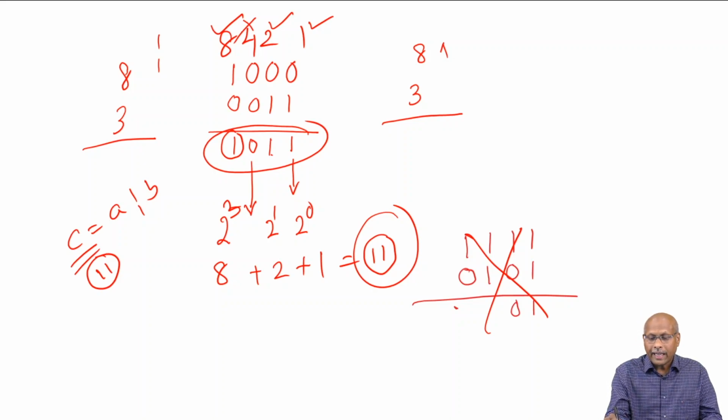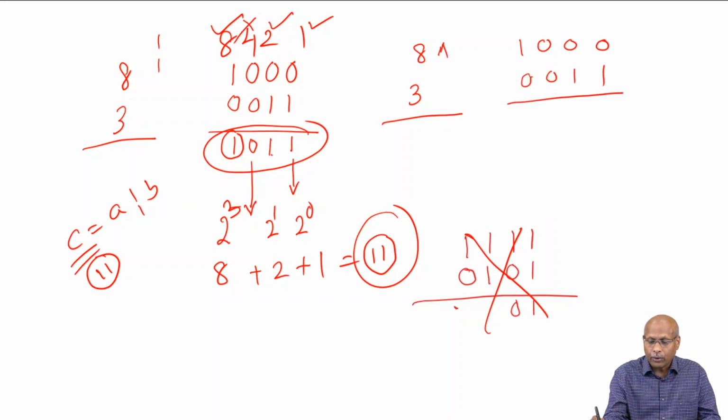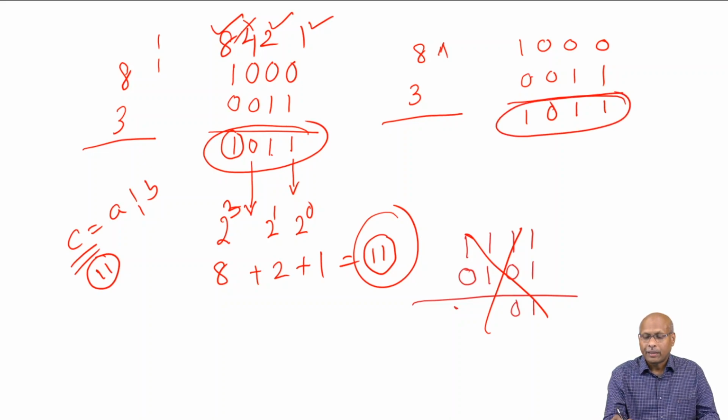The XOR operation is represented by the cap symbol. 8 means 1000. 3 means 0011. Now, both bits are different, 1. Both bits are different, 1. Both bits are same, 0. Both bits are different, 1. So 1011. My answer here is also 11. Here also I will get 11 only. Okay.